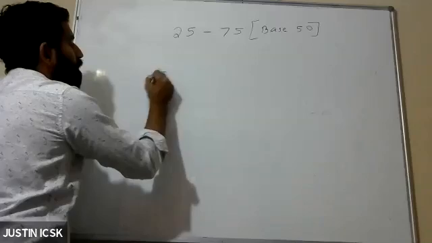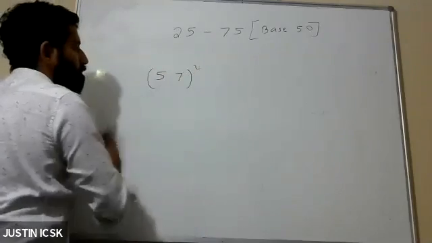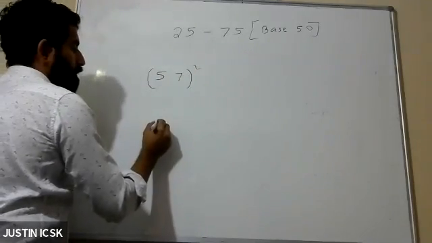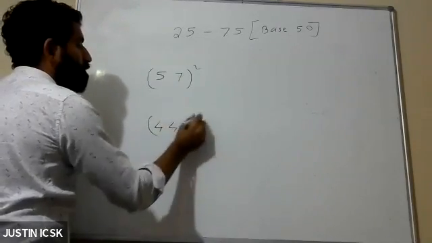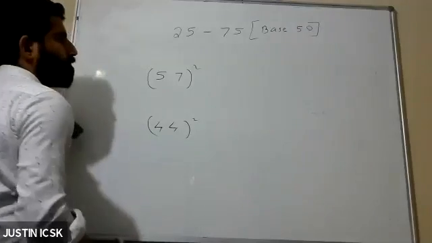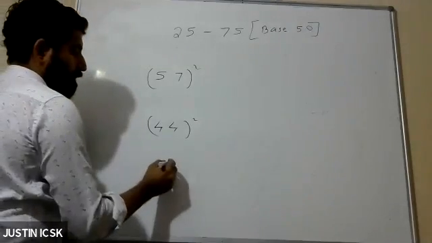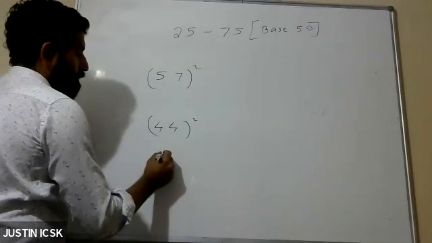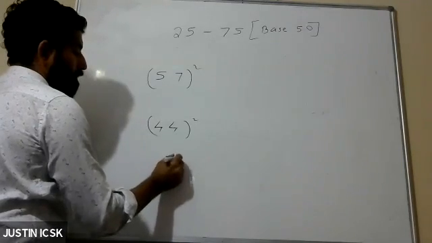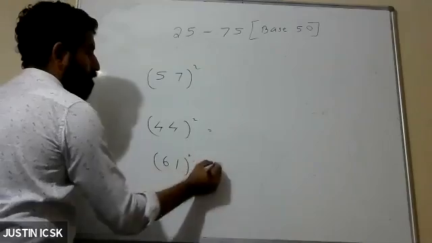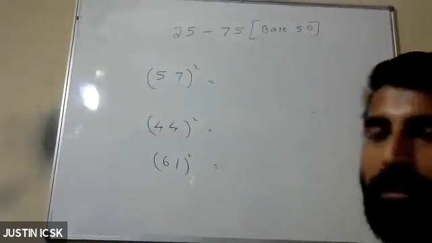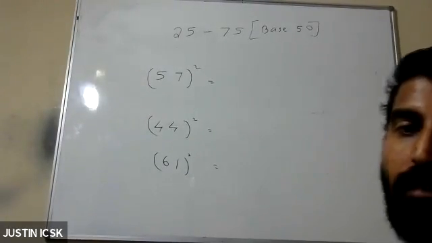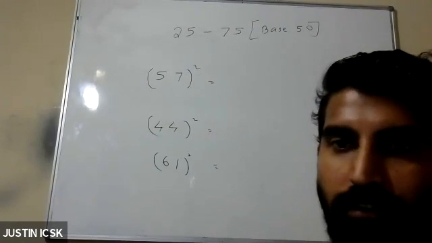Try these questions: 57 square, 44 square, 61 square.